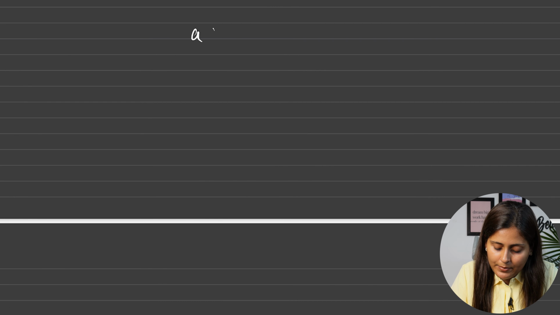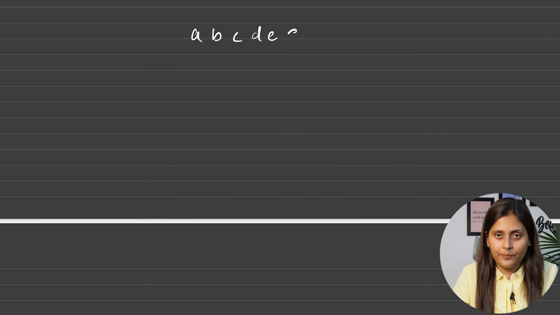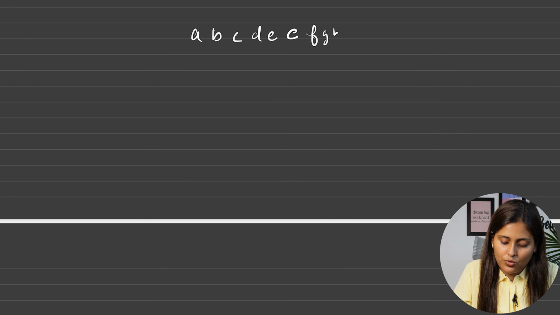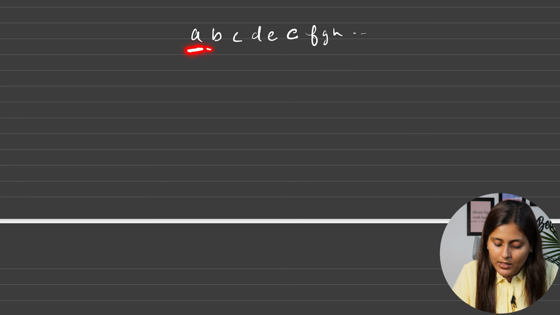Suppose the test case is A, B, C, D, E and again E, then F, G, H and so on. A is unique, B is unique, C is unique, D is unique, E is unique, and then again E. Now when your right pointer is at E, you will keep on shrinking.